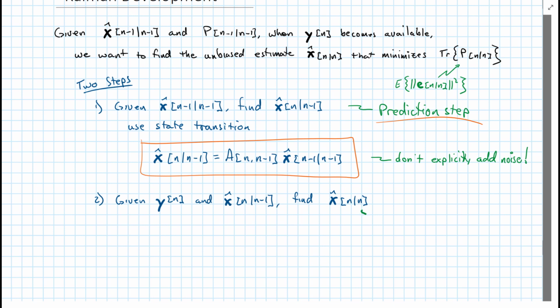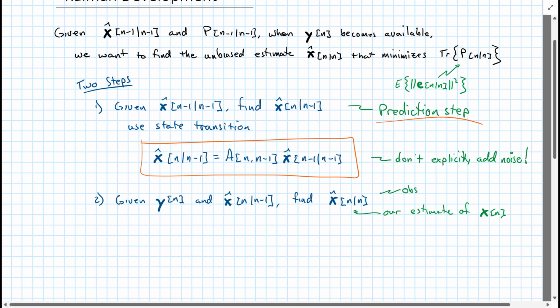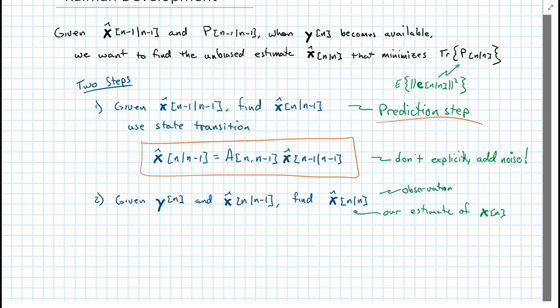And this, of course, is our estimate of x of n. We sometimes call this the observation step or observation update step.